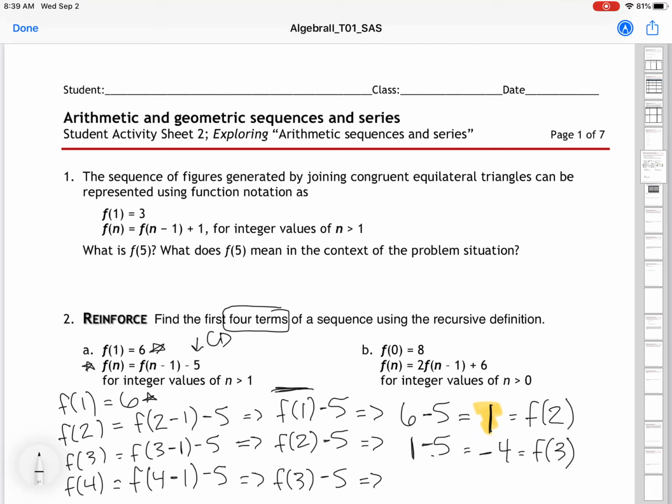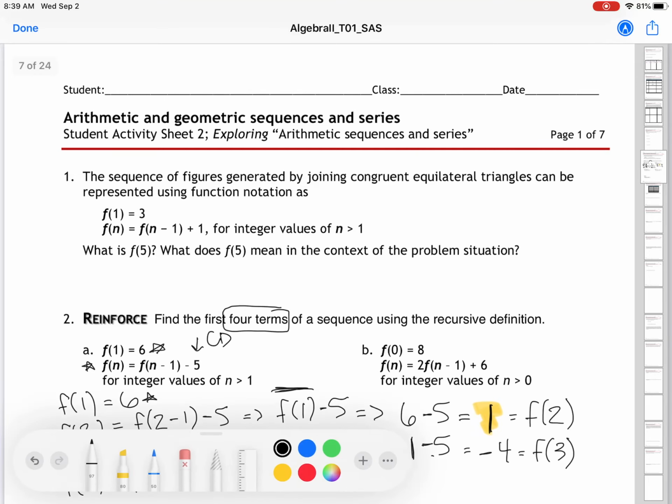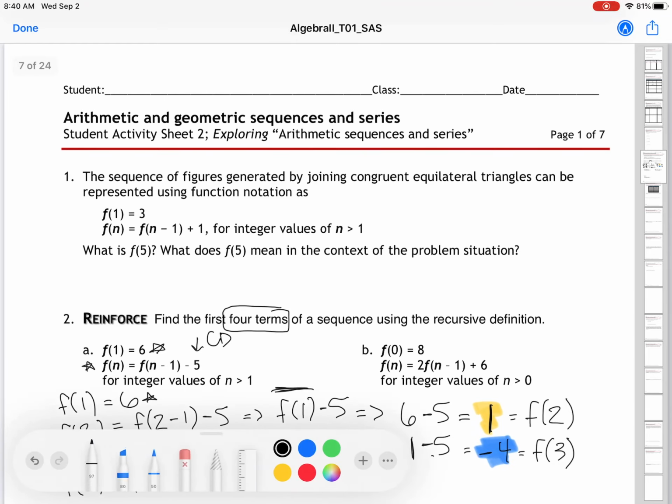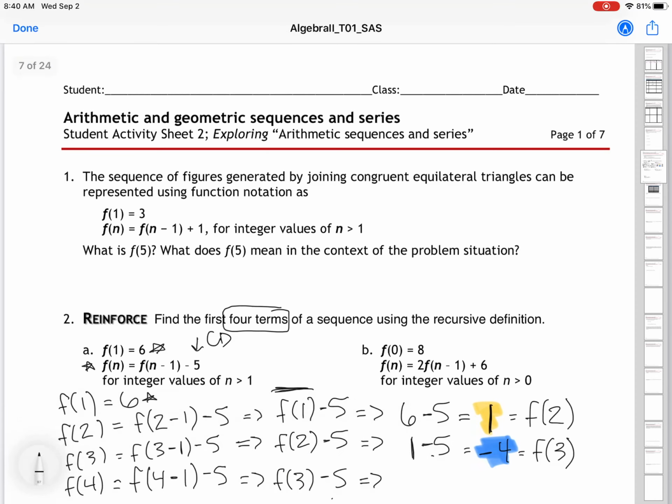So we have to look at f of 3, okay? And we just said that f of 3 was negative 4. So all I'm doing is plugging in, okay? I'm saying negative 4 minus 5 equals negative 9, which is f of 4, okay?